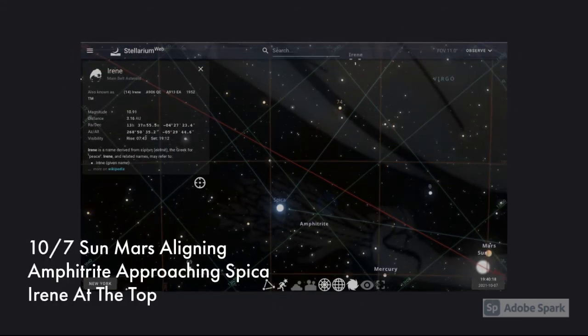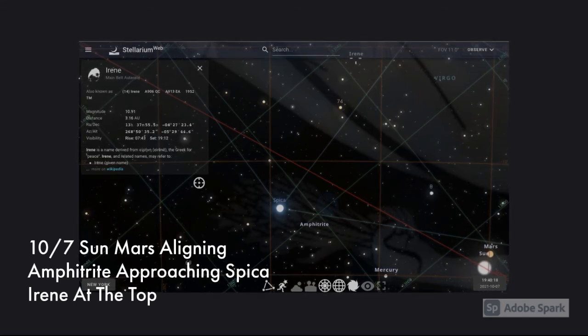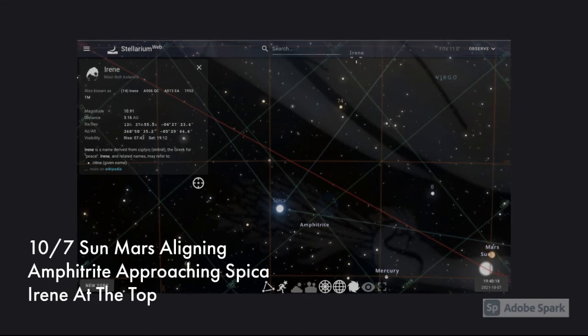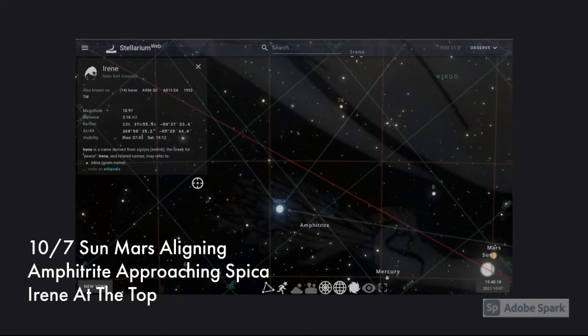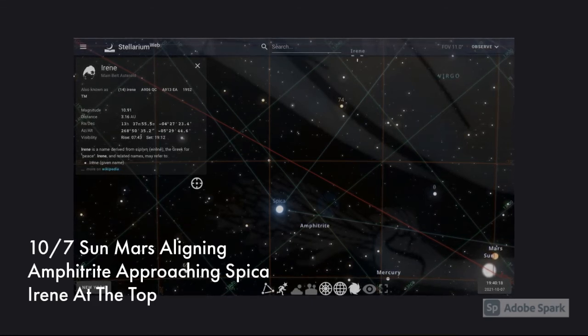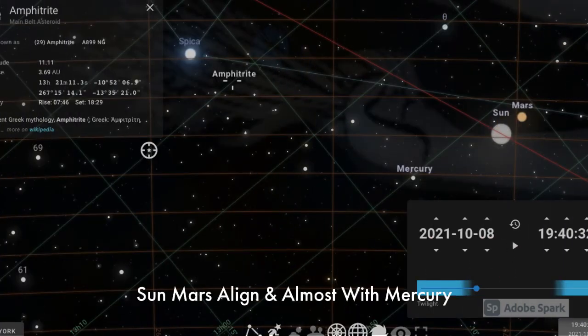October 7, Mercury retrograde continues, so it is getting close to the sun and Mars. And then Irene again here, and then the moon travels to the feet of the Virgo, so no longer in this proximity.